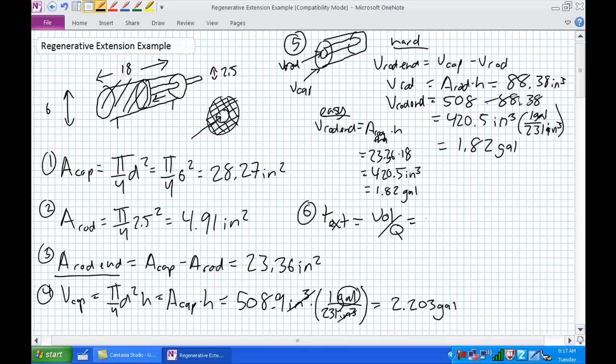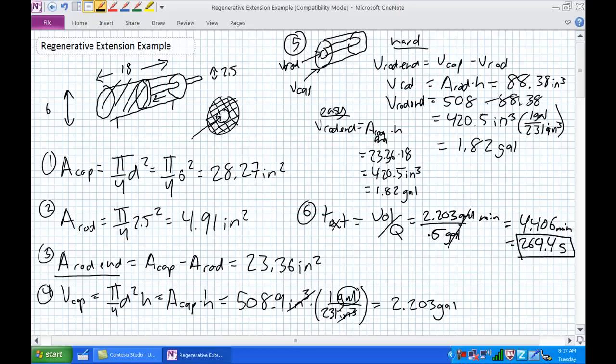So the volume was 2.203 gallons with a flow rate of 0.5 gallons per minute. These guys cross out. We're left with a unit of time. What is that time? 4.406 minutes, which we all know, minutes is 60 seconds, 264.4 seconds.